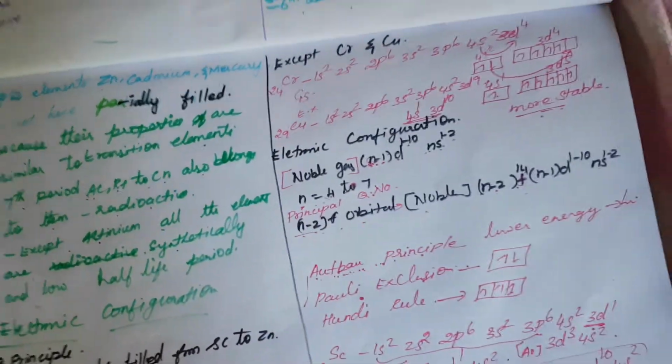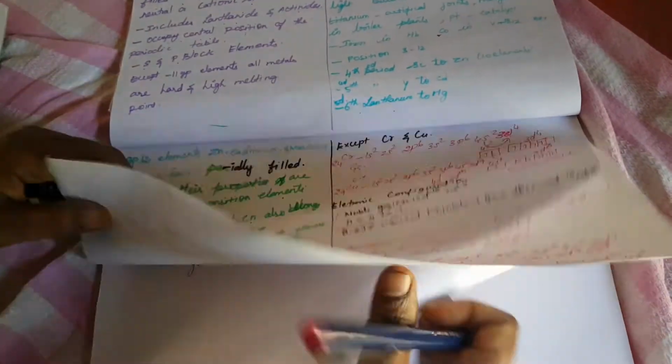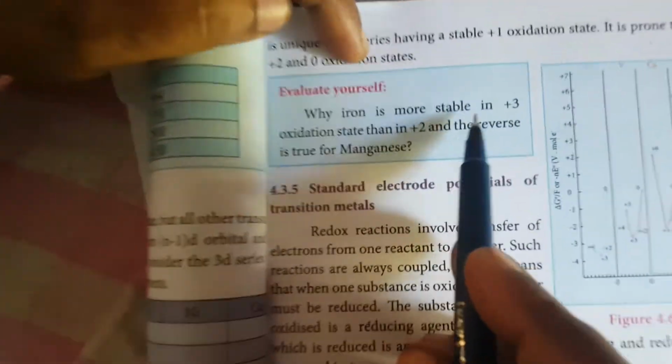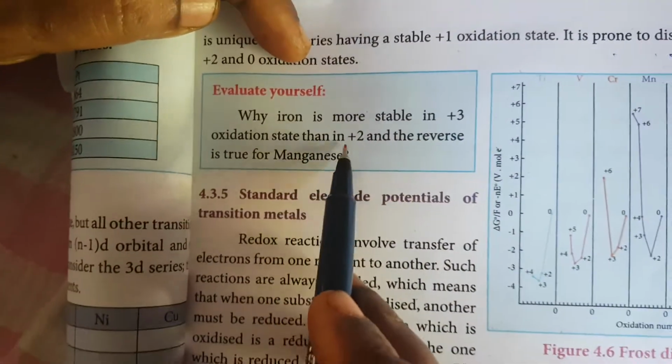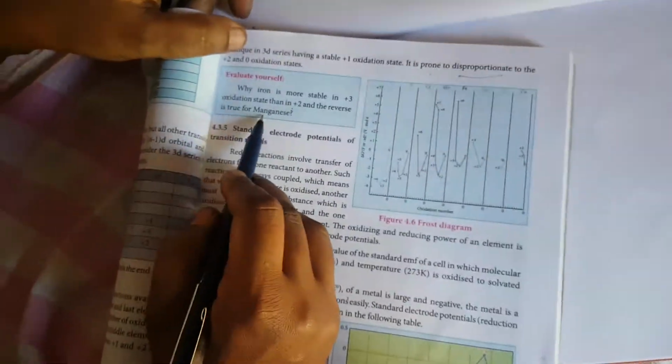Another one is stabilization. One of the evaluate yourself questions in your book: why is iron more stable in the +3 oxidation state than in +2, and the reverse is true for manganese?